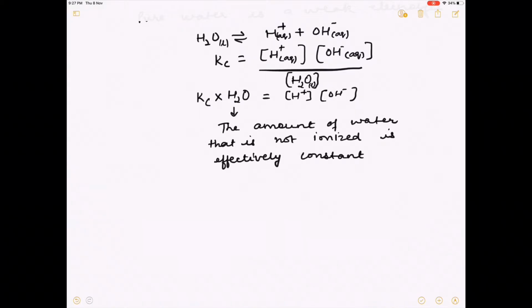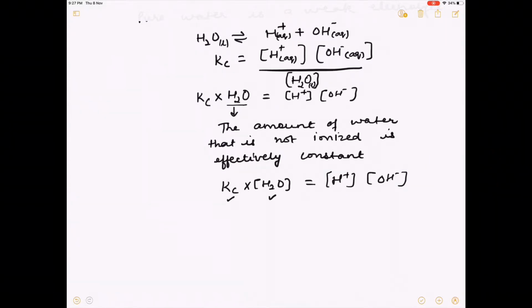That is, we can just ignore this water, we can just neglect this. So we can rewrite this Kc times water, this equation, as this is also constant and this is also constant.